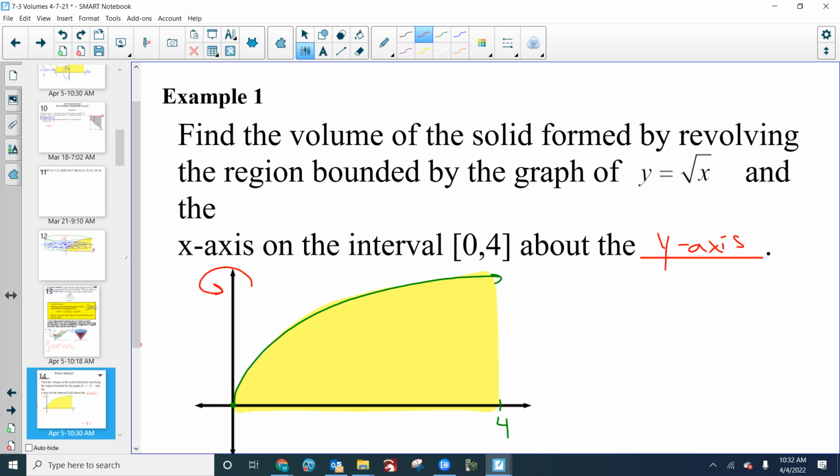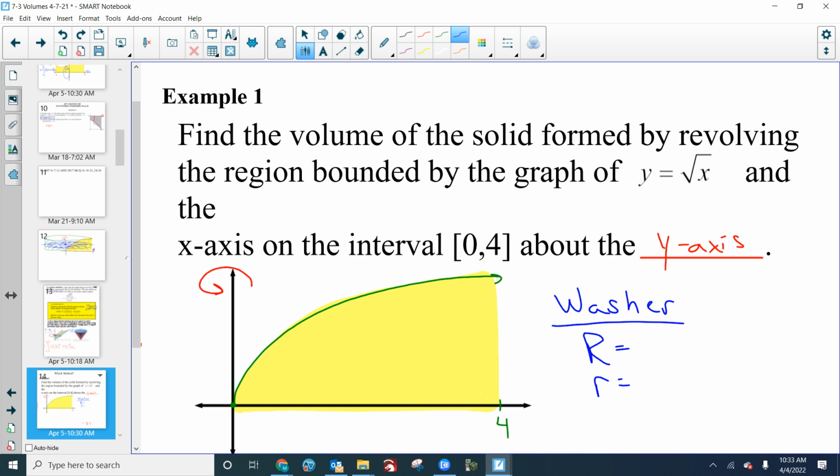Here we go. First of all, the first question you should ask yourself on every one of these problems is: is that yellow region completely connected? Is it solid? Are there going to be gaps? And if we go around the y-axis, there are going to be gaps. As soon as you see that, you should write down washer method. As soon as you decide washer method, you have a capital R and you have a little r.